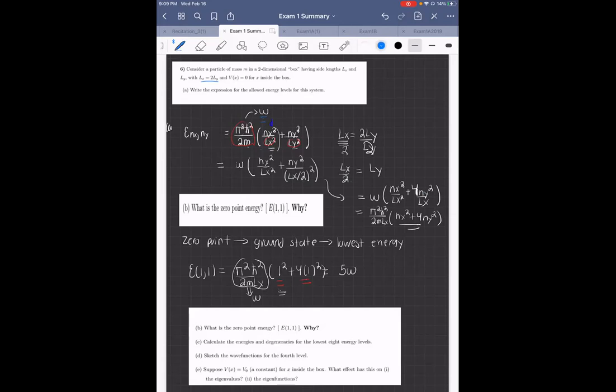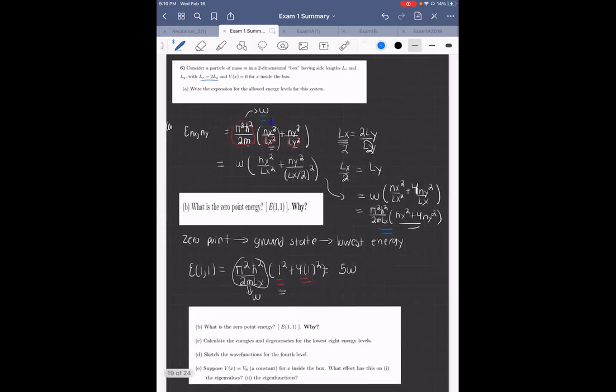They always give us parameters for what lx and ly are in terms of, and from that you solve and substitute what ly or lx is, and then based on that you make an equation, and this equation will then tell you the degeneracies.